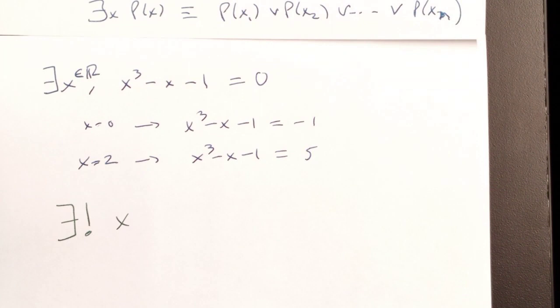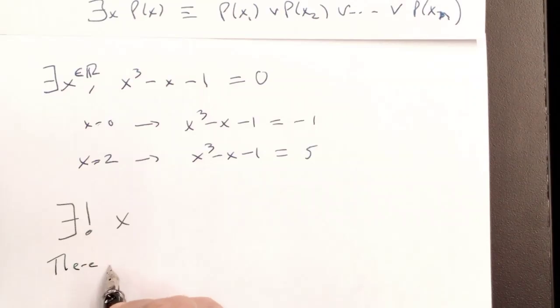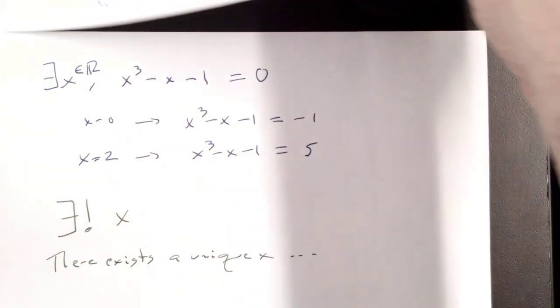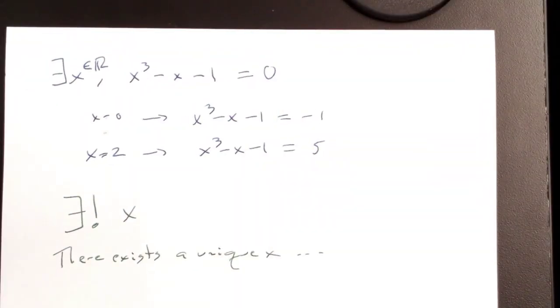That exclamation point means unique. So if you see an existential quantifier and it's got that exclamation point on it, then it's changed our OR statement to an exclusive or. This can be true once and only once.